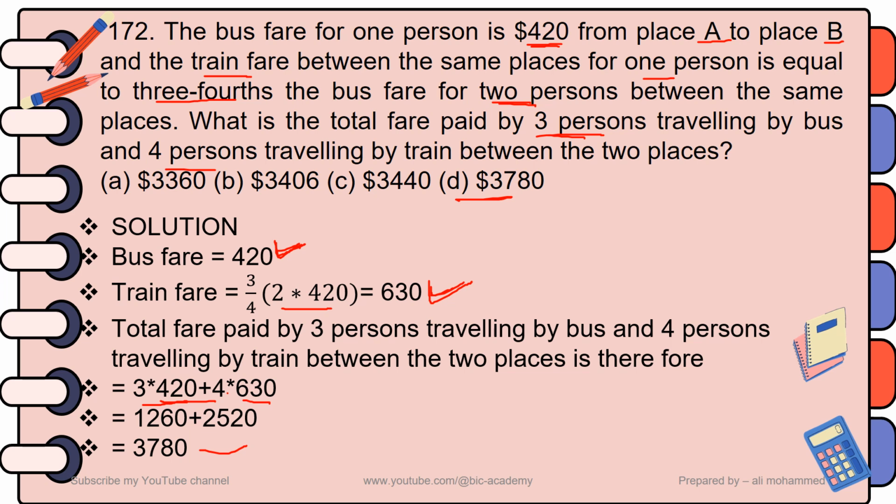And what is required is the total fare paid by 3 persons traveling by bus and 4 persons traveling by train. So multiply 3 times 420, it is 1260. And again multiply 4 times 630, it is 2520. Add the two, you get 3780.